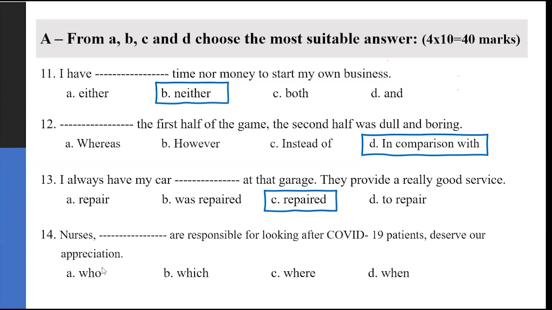I ask myself, this word nurses, is it a place? Is it a time? Is it a person or a non-person? In this case, as Uthman said, nurses are people, and we said that who is always used with people. So the correct answer is A.